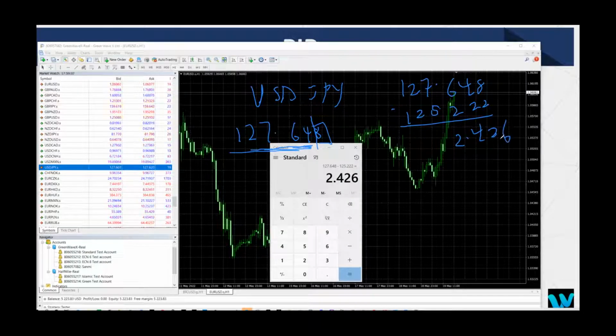How many pips do we have here? This is not up to a pip, this is a pipette. So you have 242 pips and 6 pipettes. That's 242.6 pips.